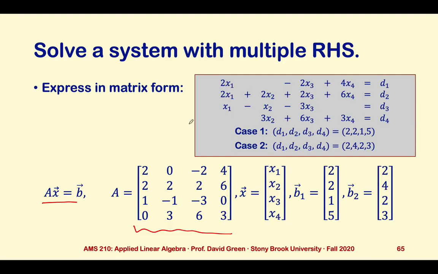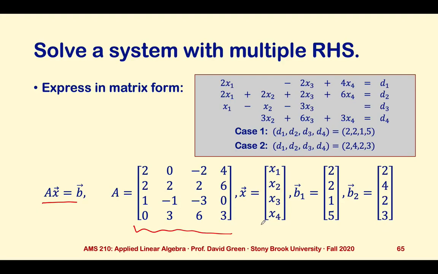Right? 2, 2, 1, 0, 0, 2, -1, 3, -3, -2, 2, -3, 6, and 4, 6, 0, 3. Right? And we have 2 different right-hand sides, one that is represented by 2, 2, 1, 5, and the other one 2, 4, 2, 3, our vector x of variables.